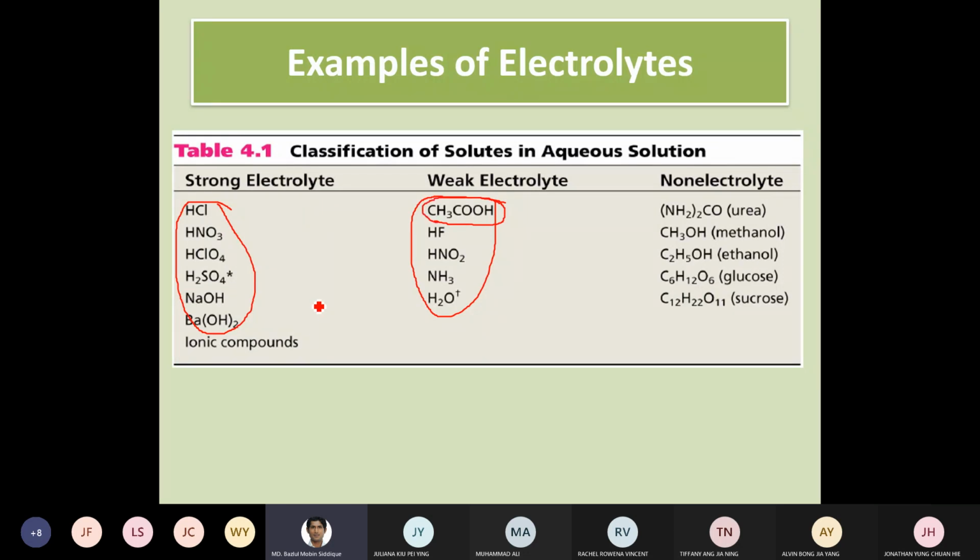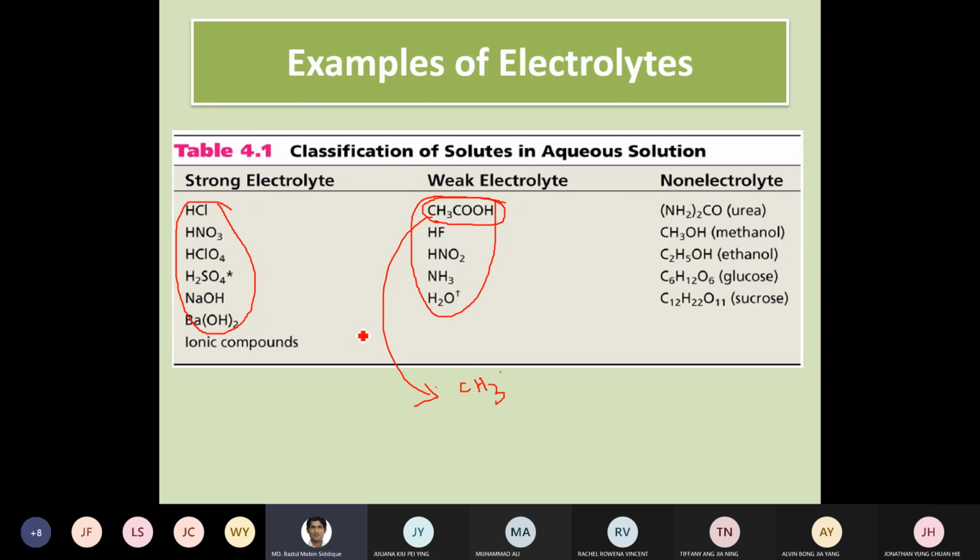This one, CH3COOH, I'm sure that you know this is acetic acid, right? This acetic acid, why I'm talking about it, because later on we will be talking a lot about it. Since it's an acid, it dissociates in the water and it produces a hydrogen ion, right?